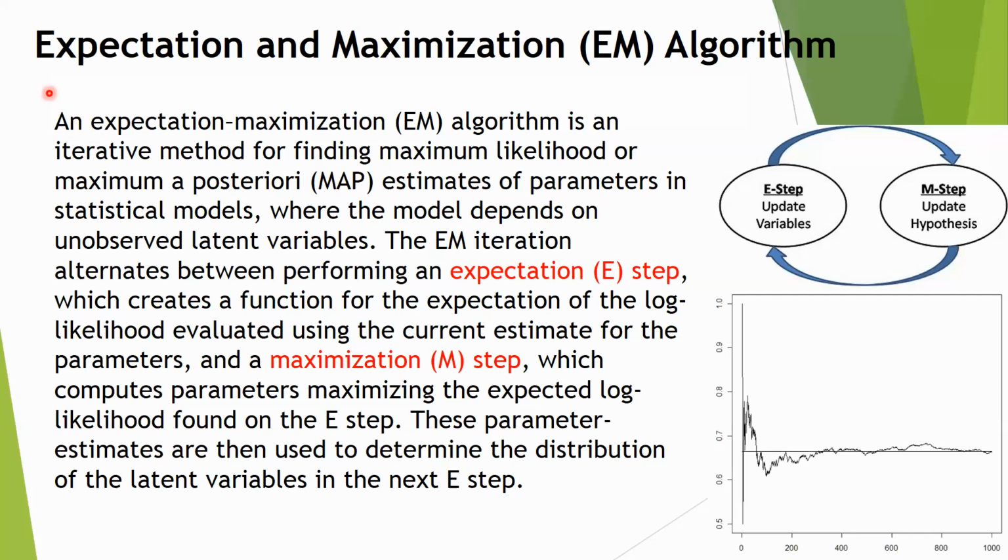It's actually very similar to the Newton-Raphson. The EM algorithm, I think, is even nicer than the Newton-Raphson, because it's a combination of the beauty of the MLE and the iterative algorithm.